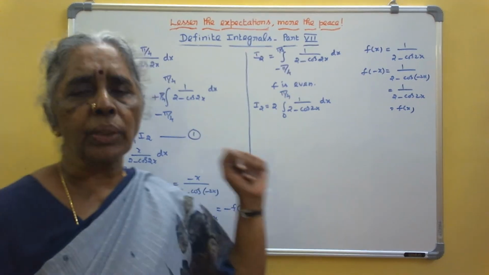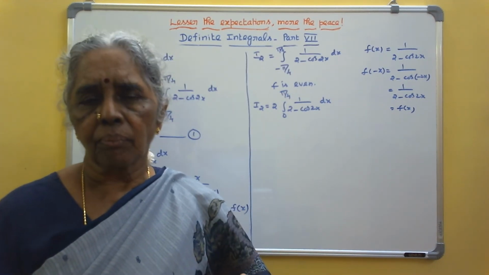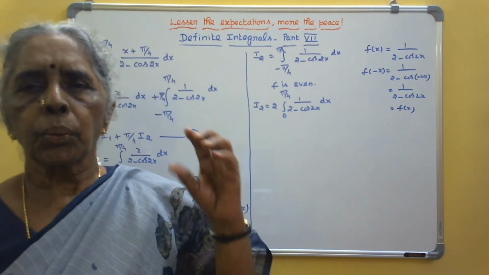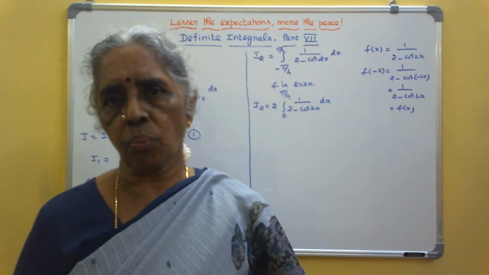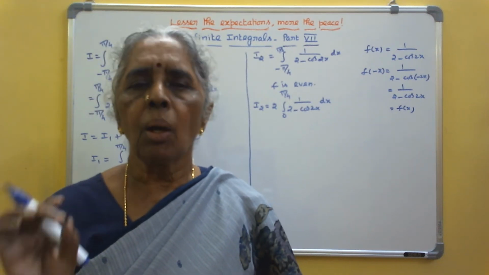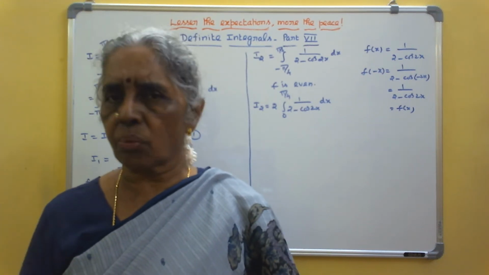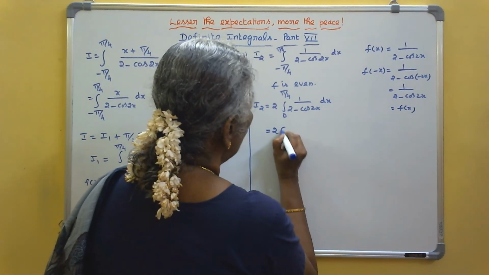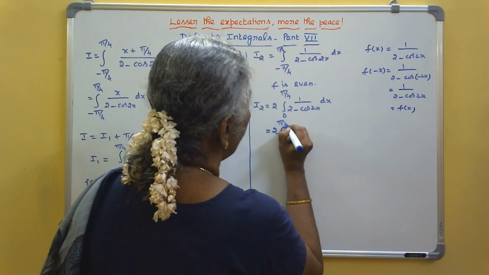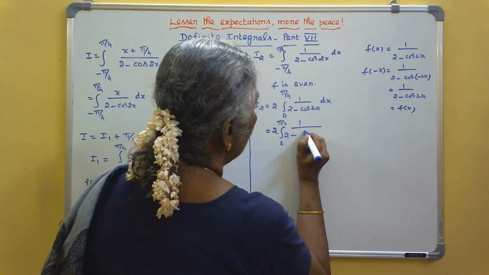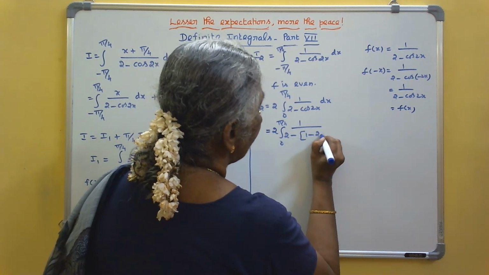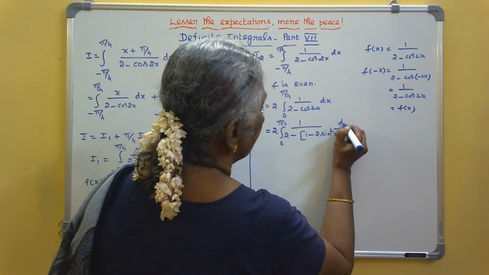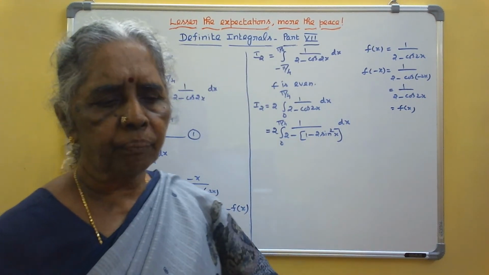Now for cos 2x, we can apply the formula. We can apply either 2 cos squared x minus 1 or we can apply 1 minus 2 sine squared x. Okay. So I am going to apply 2 integral 0 to pi by 4 1 by 2 minus 1 minus 2 sine squared x, then dx.